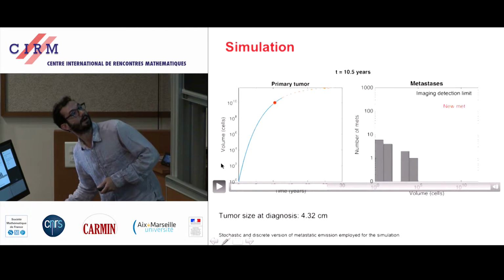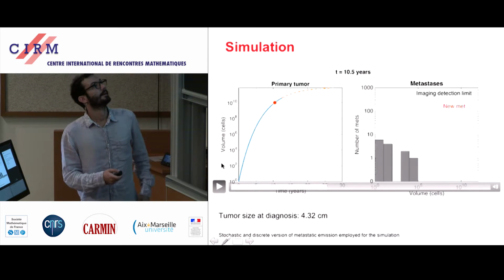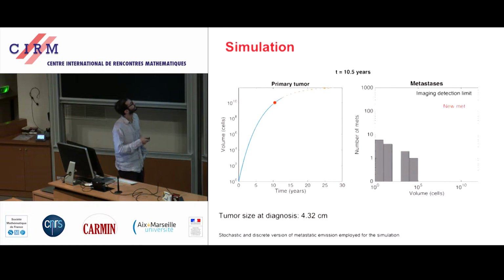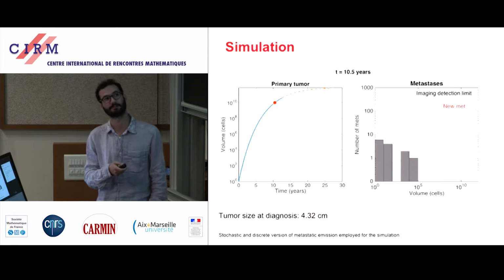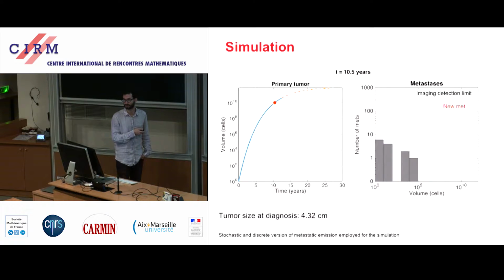All right, so the primary tumor grows in time, and then it can spread some tumors, which, when they grow in size, move to the right in this representation of the density of the tumors.